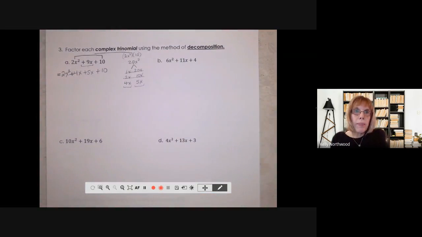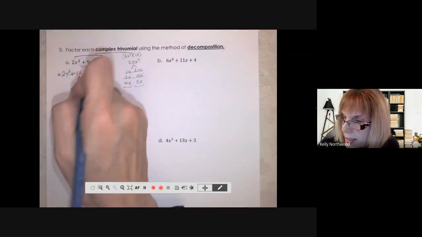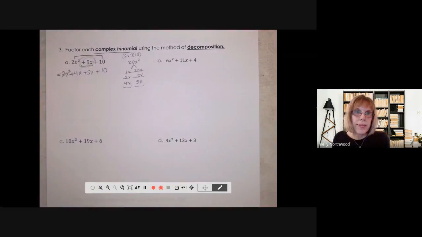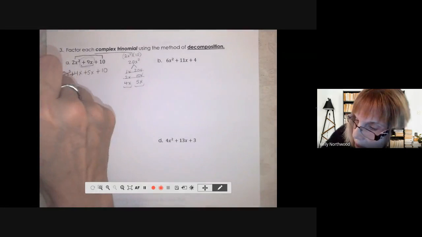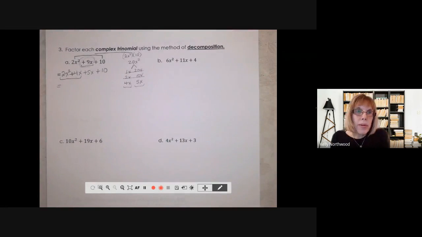So that's my decomposition step, where I decompose or break down 9x into 4x plus 5x. So now I've created a factor by grouping question, where I group the first 2 terms and see what's in common with them.